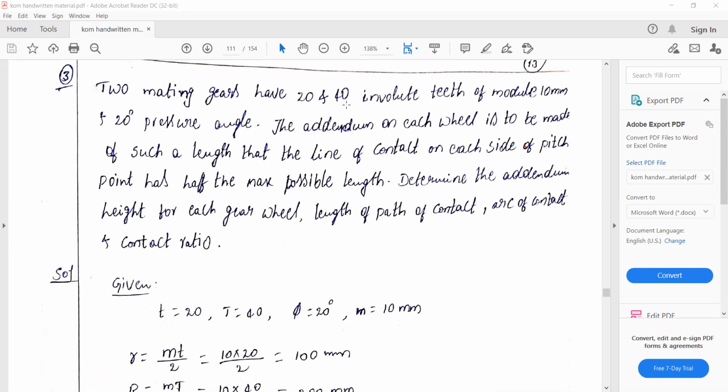The addendum on each wheel is to be made of such a length that the line of contact on each side of the pitch point has half of the maximum possible length. Just all of you observe.